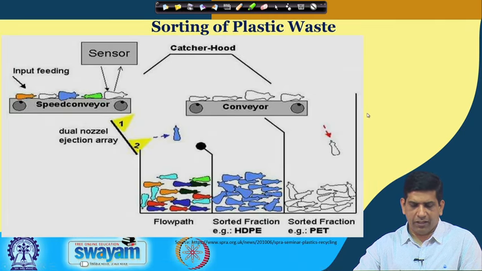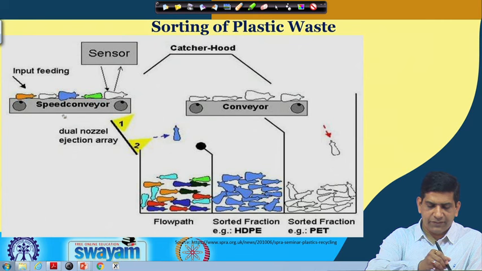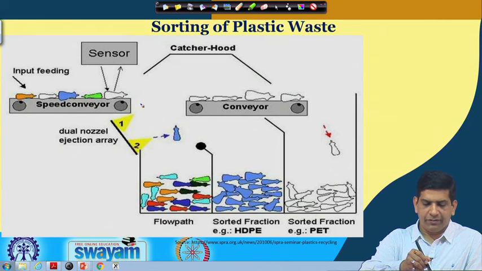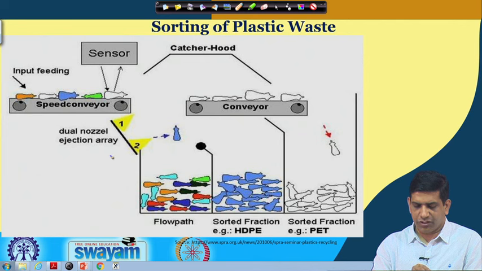Then you have sorting of plastic waste using sensors, where you have an input feed, which is a speed conveyor. This input feed is getting fed into the system, where you have this nozzle ejection array, and this is your conveyor. So, it gets blown away from there as well. So, it is a dual nozzle ejection array.